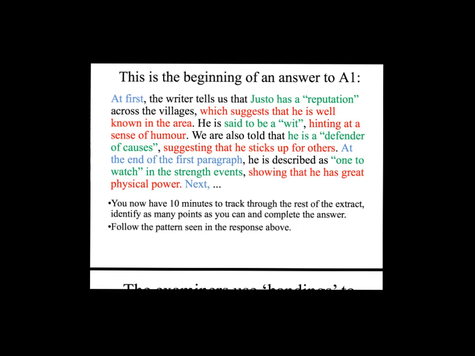And in terms of your technique, follow the pattern that you can see above. So you've got your indication to the examiner in blue that you're tracking through. You've got in green your direct quotations to support your ideas, and the red which shows that you're making inference about the kind of person that Justo is.